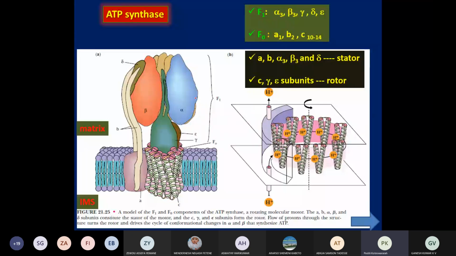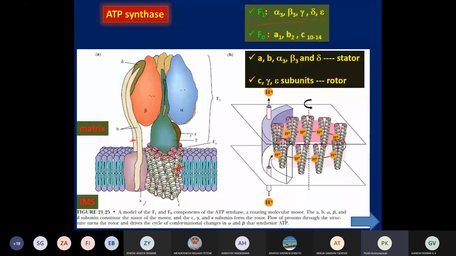You can see here the F1 subunit is composed of 3 alpha subunits, 3 beta subunits, and 1 gamma, 1 delta, and 1 epsilon subunit. Whereas the F0 subunit is composed of A1 and B2, and also the 10 to 14 C subunits.